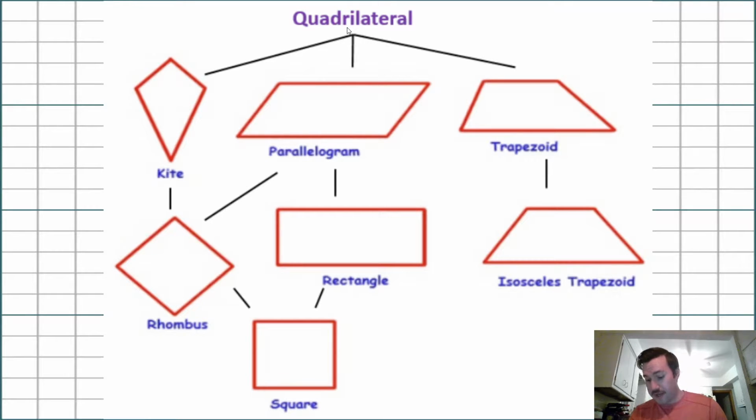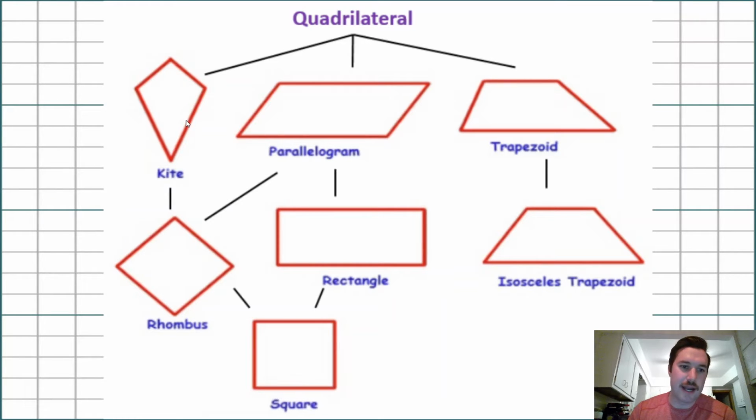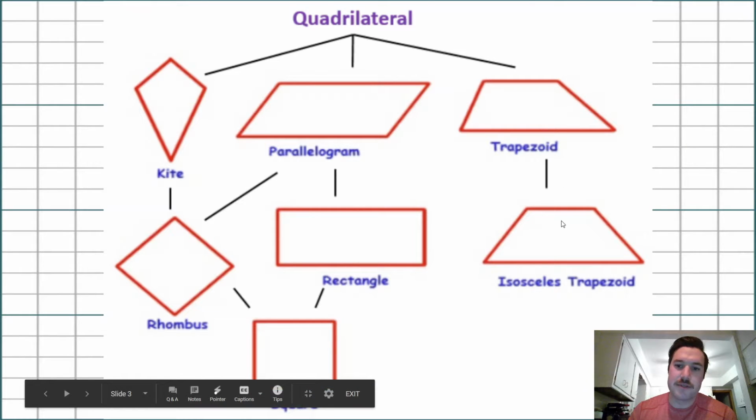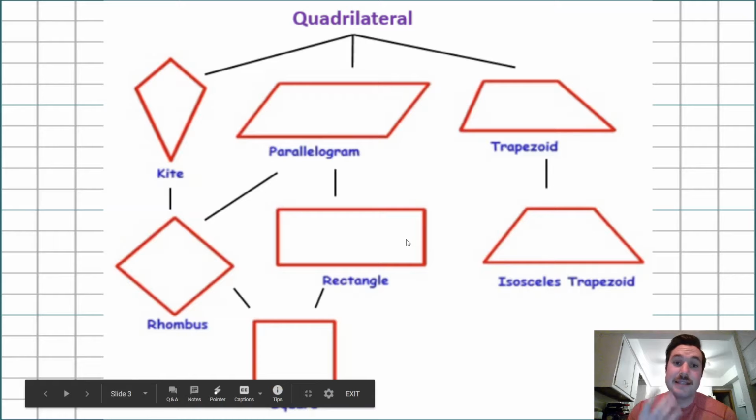So quadrilaterals are any shape that has 4 sides. Some types of quadrilaterals are kites and rhombuses, parallelograms and rectangles and squares, and then trapezoids and isosceles trapezoids. So any shape on here is a quadrilateral because they have 4 sides.